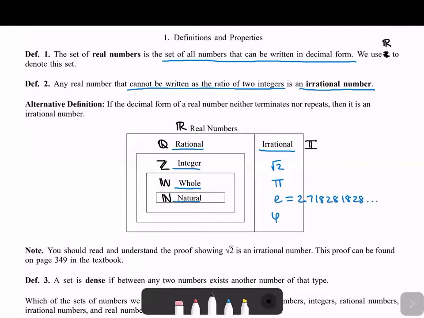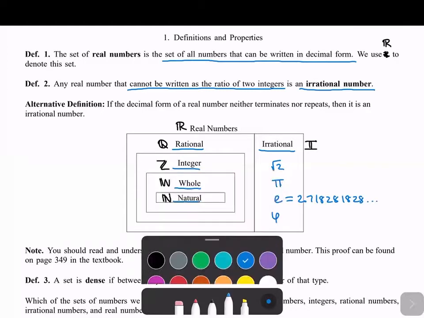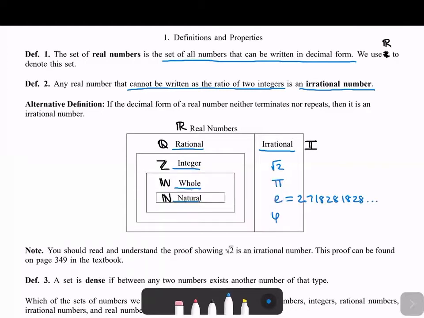Again, because we had an alternate definition of the rational number as a decimal whose form terminates or repeats, we can take the negation to say a number is irrational if the decimal form does not terminate and does not repeat.